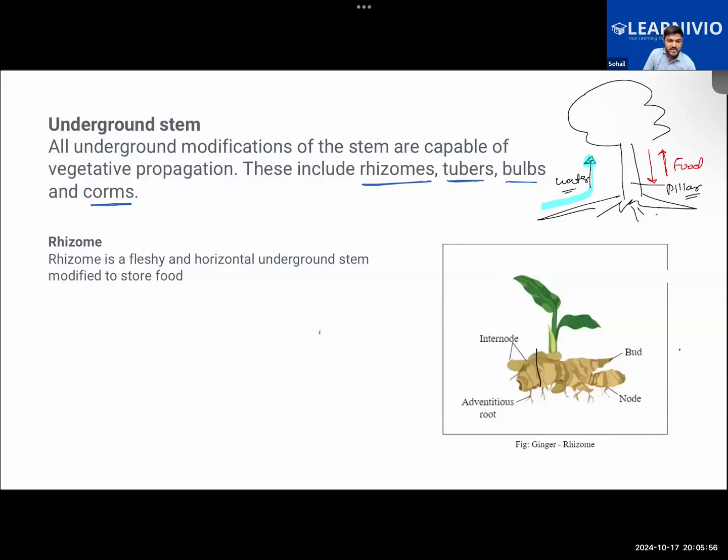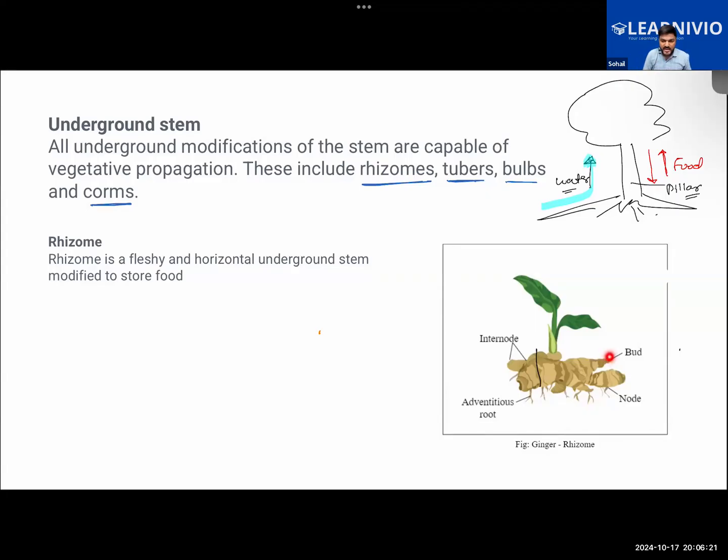Okay. So rhizomes, they are fleshy, non-green stems that grow parallel to the ground, or they basically grow horizontal to the ground. You guys know about parallel lines now? Yeah, when two things are in such a manner that they do not intersect each other, they are called parallel. So this rhizome will be growing in a parallel manner to the ground.